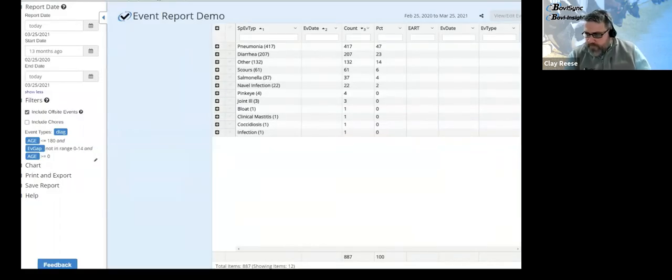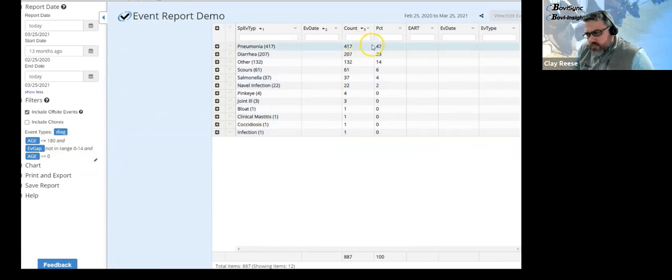Outside of making customized reports to answer the questions that you have on a particular dairy, we can make very simple event reports in this example where you have each of the specific event types for animals that were diagnosed between 0 and 180 days of age in the last 13 months.